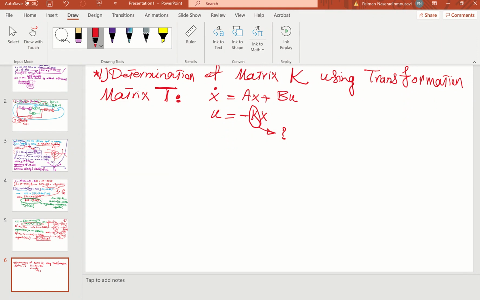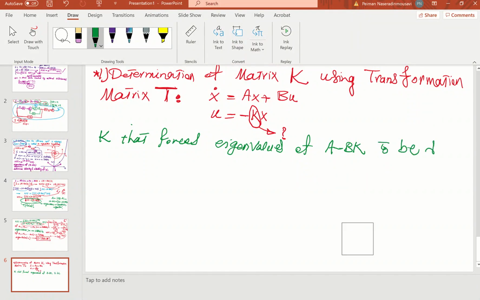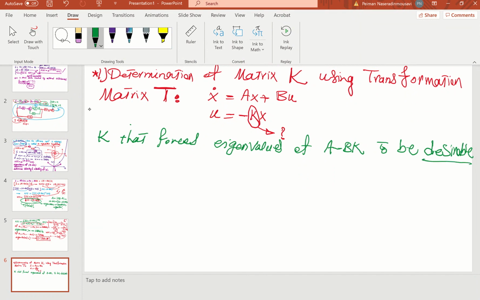So how K that forces eigenvalues of A minus BK to be desirable, mu1, mu2, and mu_n.